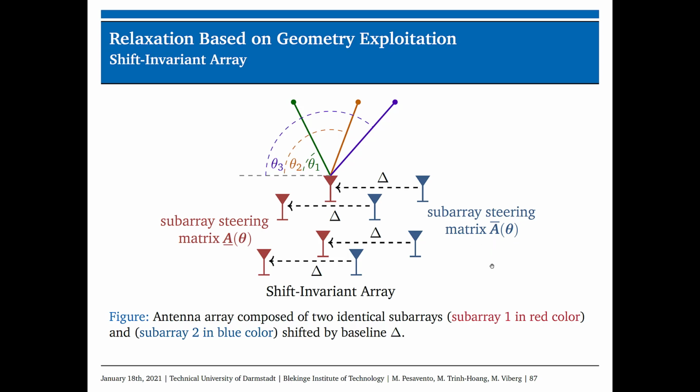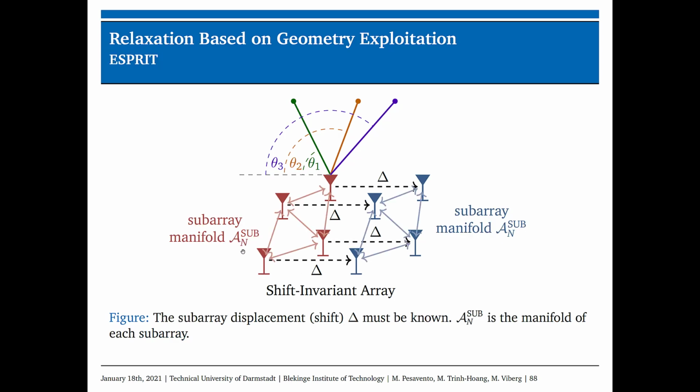Now these 2 subarrays are identical and they are shifted by a known baseline delta. So as these 2 subarrays are identical, also their corresponding array manifolds are identical, and these are denoted by calligraphic A_N sub. So A_N sub is the manifold corresponding to each of the subarrays.